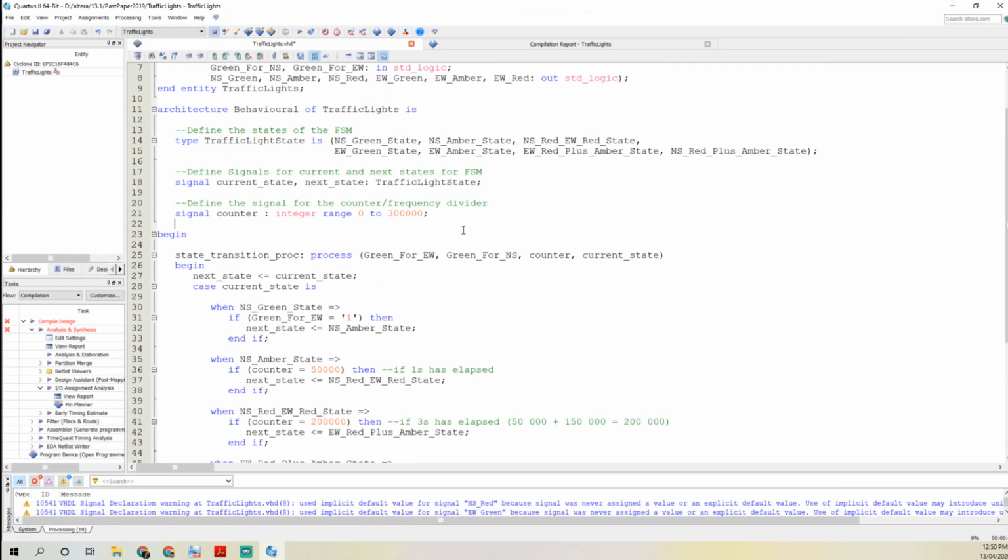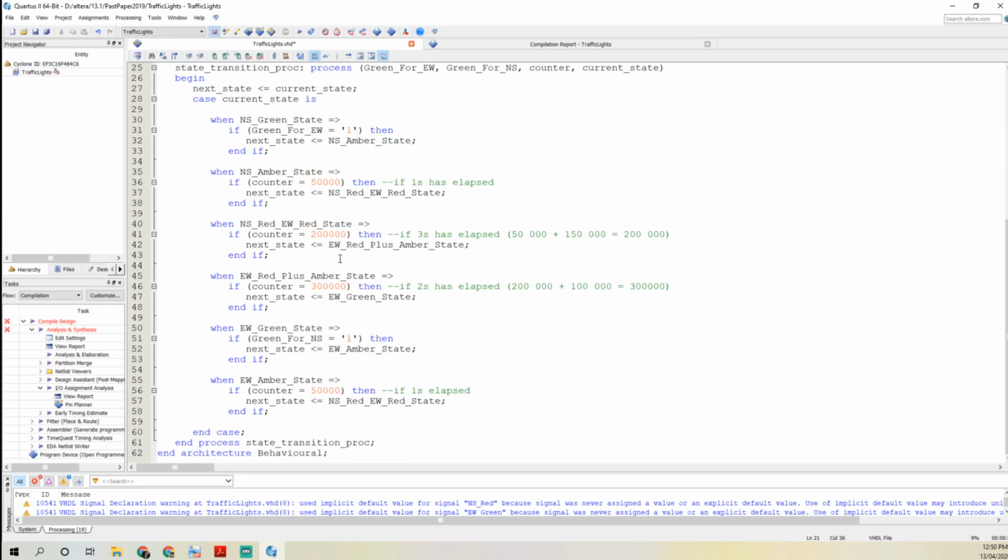Because I limited this signal with this range, when I hit the value of 300,000, this integer signal is going to automatically reset at 0. Which is why when I reach 300,000 here, counter is now equal to 0, and I can start counting from 0 and look at when the value is equal to 50,000.